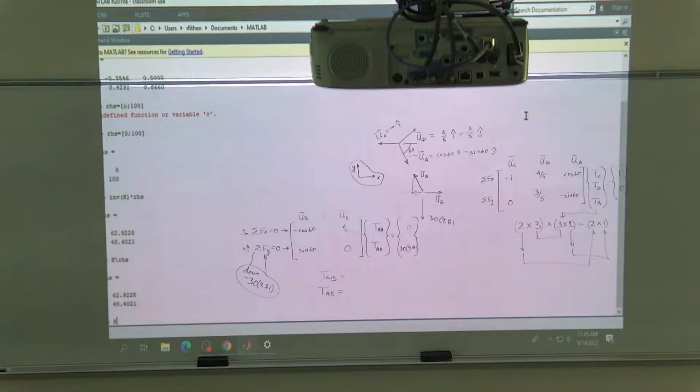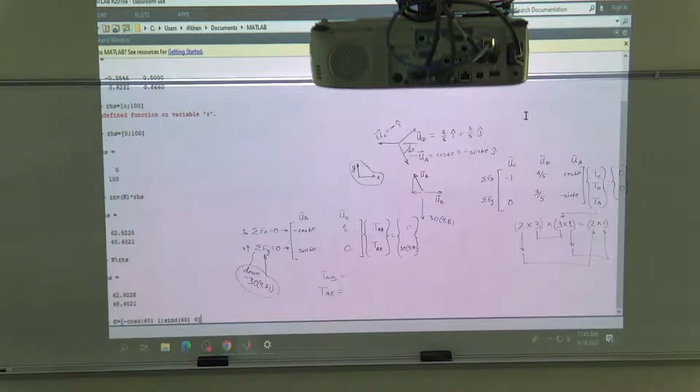So here's my K matrix. Okay, let me put on my glasses. Minus cosine 60, in degrees, and then a space, and then a 1. And then the next row is sine in degrees of 60, and then a nothing, right?